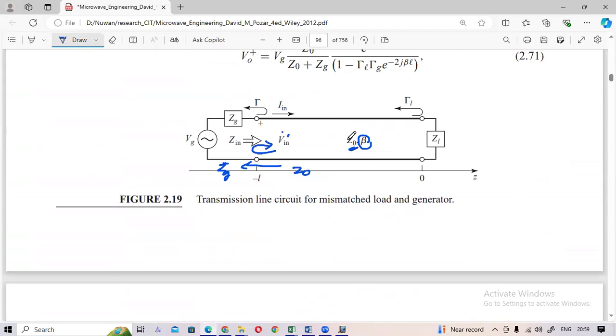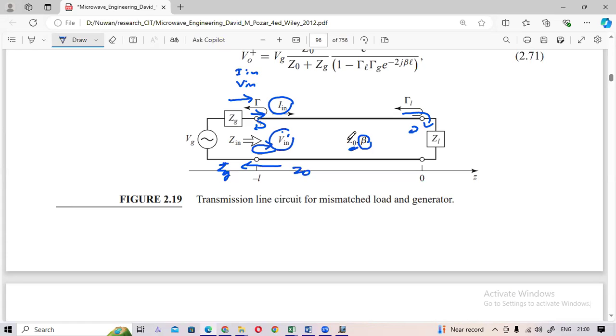this generator is giving the signal. That voltage is V in, the current is considered as I in. Some portion of this feed-in power will go to the load, and there are some reflections.